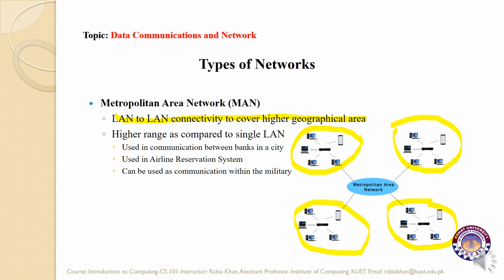So it covers a larger geographical area by interconnecting different LANs to form a much larger network as compared to a local area network. Different government agencies use MAN, Metropolitan Area Network, to connect to the citizens and private industries.